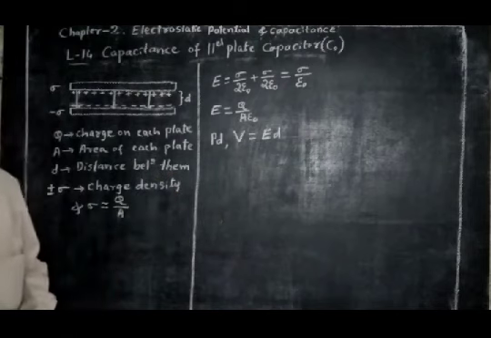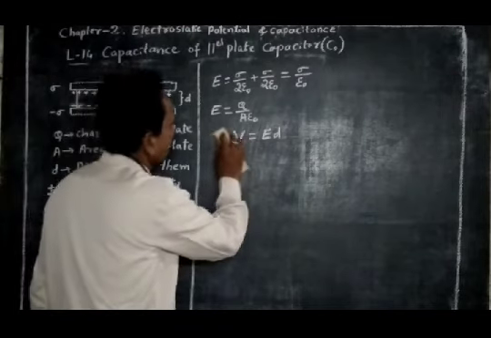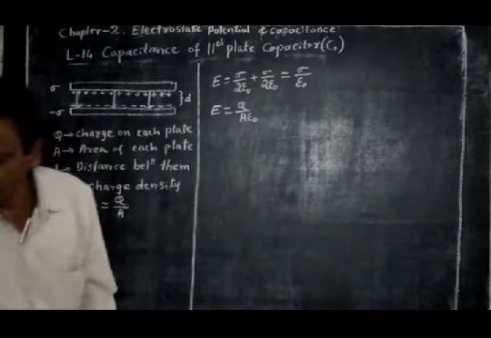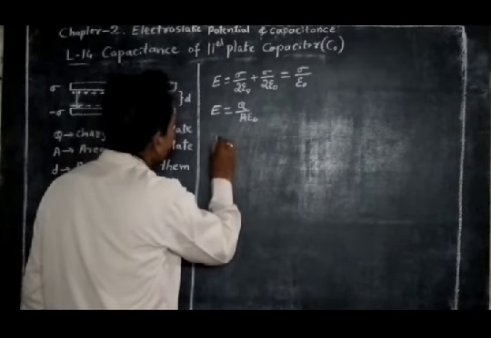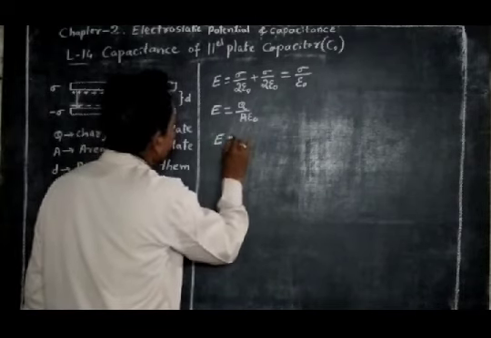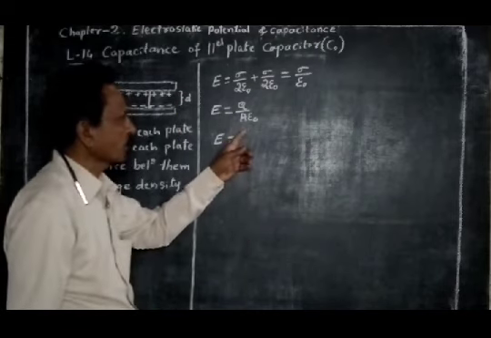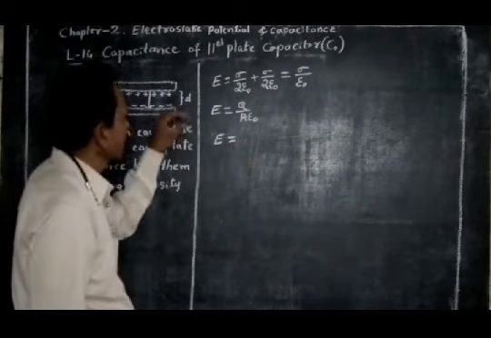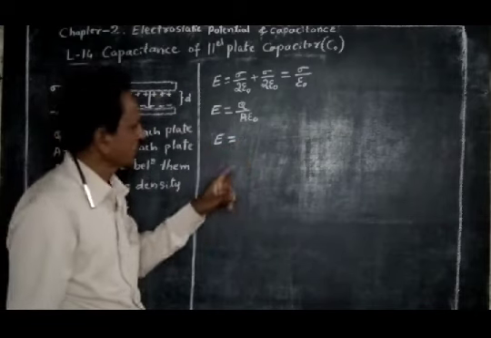And we have derived the relation between electric field and potential difference as E equal to dV by dr. Here dV is the potential difference, dr is the distance between the two plates.